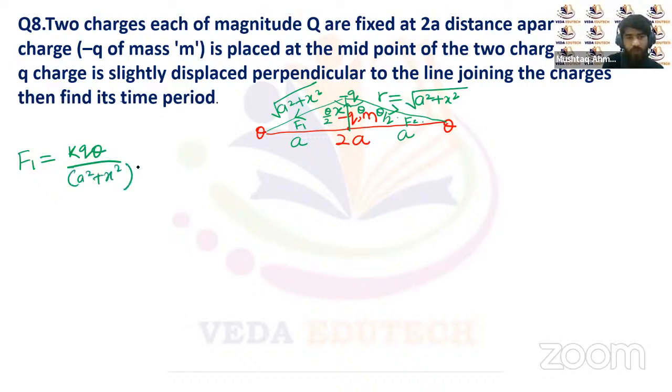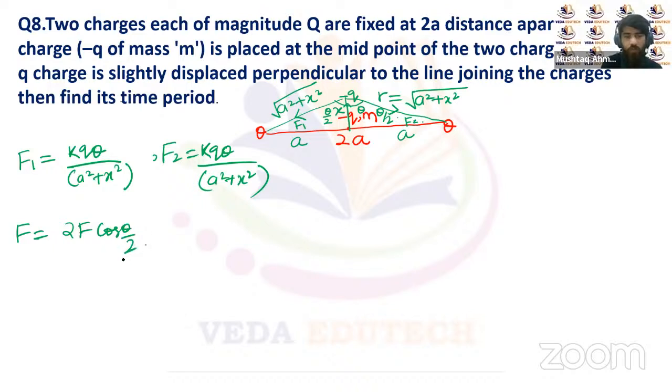The value of F2 will also be equal to kQq upon the distance square, that is a square plus x square. These are two forces of equal magnitude but at an angle of theta, so the net force will be given by 2F cos theta by 2. Now the value of F is kQq upon a square plus x square, and the factor cos theta by 2.